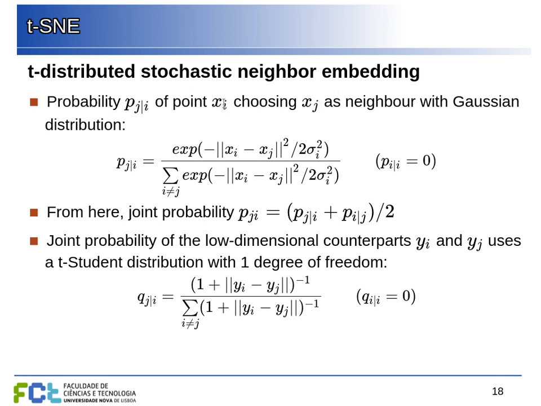So we can start by seeing the probability of point i choosing point j as a neighbor, and this we can define by a Gaussian distribution, which is based on the distance between the two points. Then we have this sigma here for the variance of the Gaussian distribution, but basically this is a Gaussian curve around point i, and we're going to use this curve as the propensity for i choosing j as a neighbor, but then normalize this by dividing by the same values for all the points that are not j.